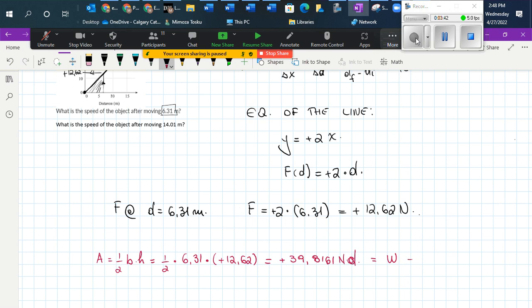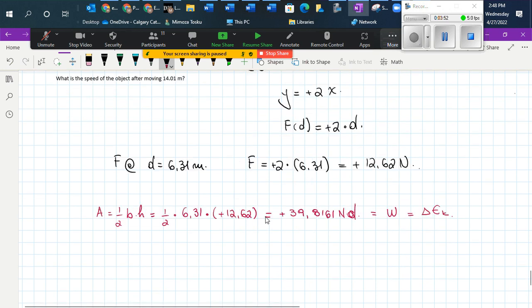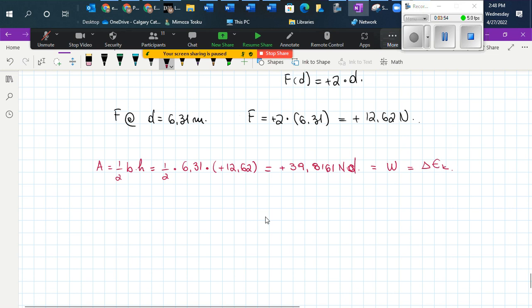Now, the work, based on the work and energy principle, is equal to the change of kinetic energy. Initial kinetic energy is equal to 0 because it is starting from rest. So the work, positive 39.8161, will be equal to 1 over 2 mass of the object times final velocity to the power of 2.